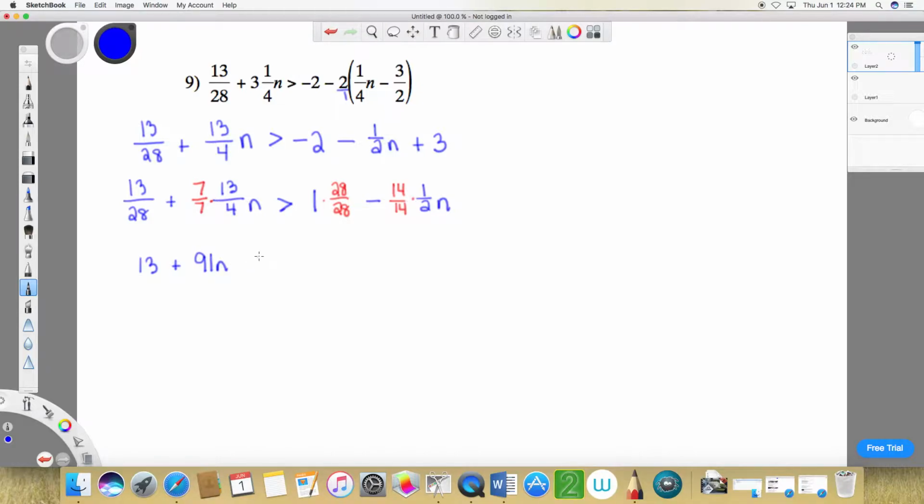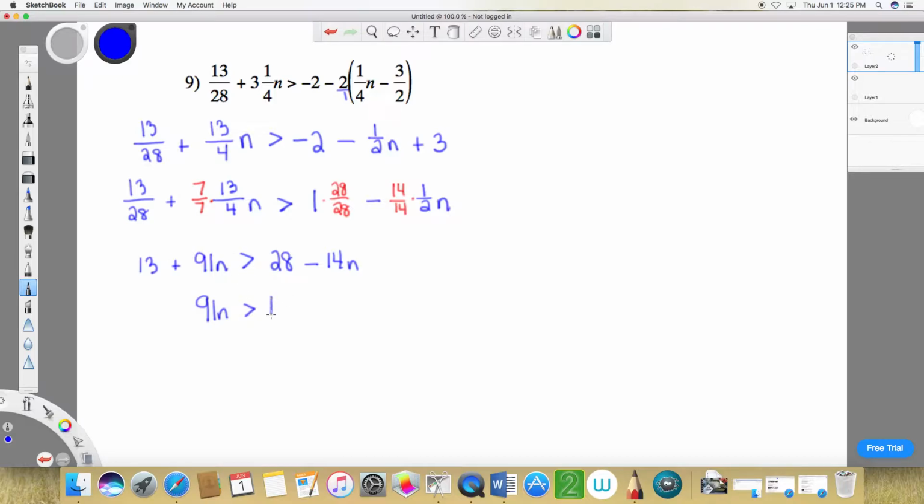We'll check that here in a second on a calculator, or you can check it for me and tell me if I'm incorrect, and I can come in and edit the video. Here I have a 28 in the numerator, and minus 14 times 1, and remember times n. So 14n. All right, so let's subtract 13 from each side of this inequality.